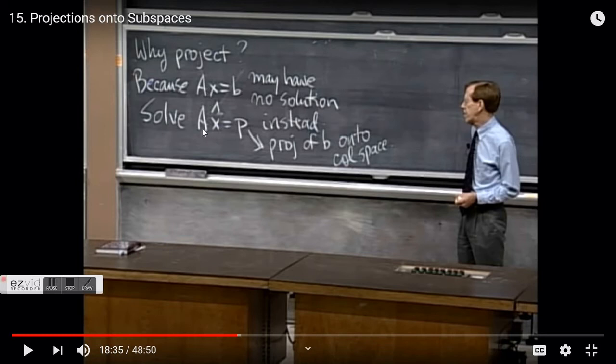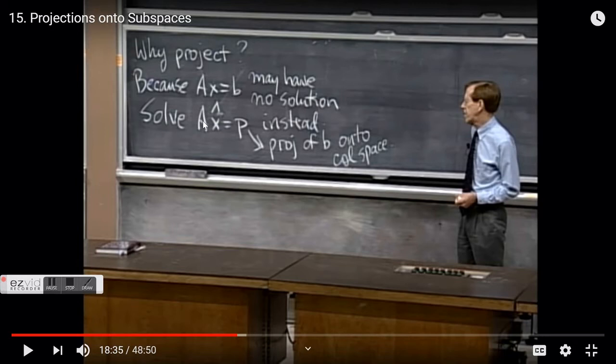So in this situation, we can extend our previous theory and we can say that instead of solving AX equal to B, we'll try to solve A X hat equal to P. So what is X hat? Now, the moment we replace B with P, we have to replace X with X hat, whereas A remains unchanged.